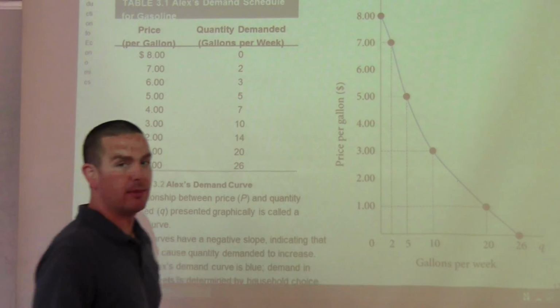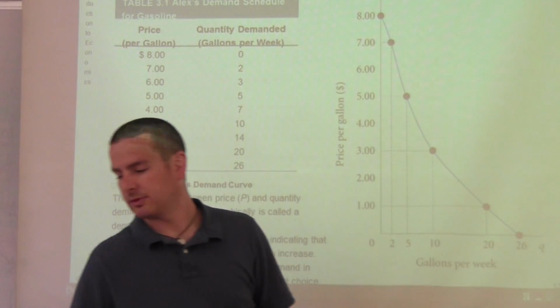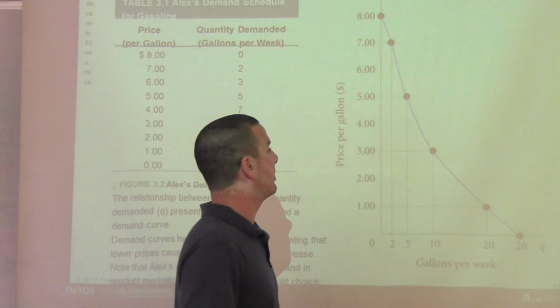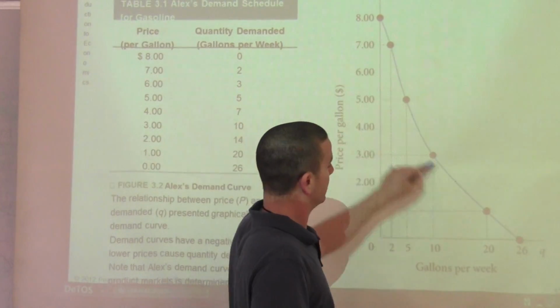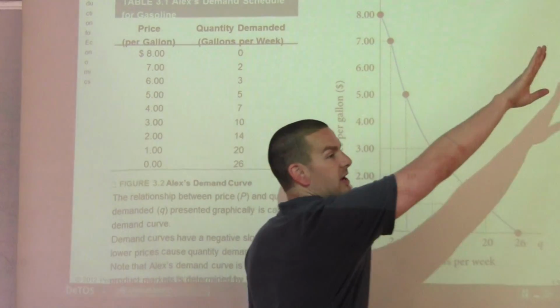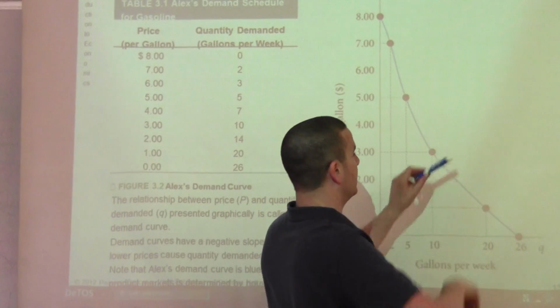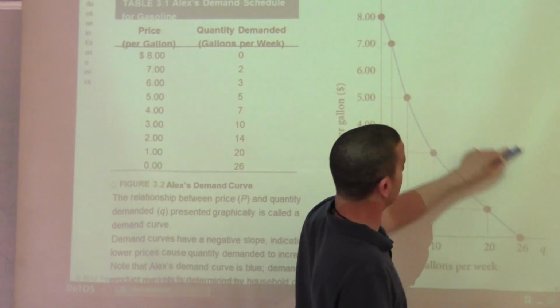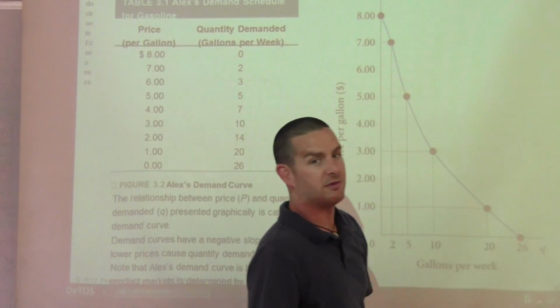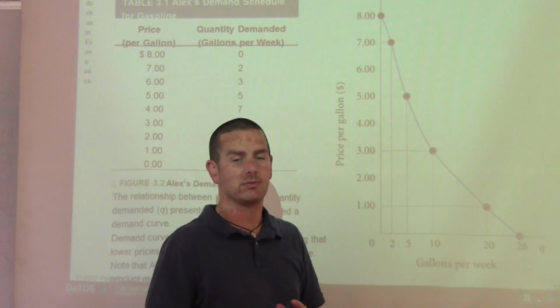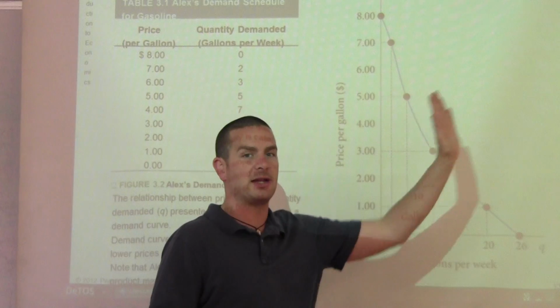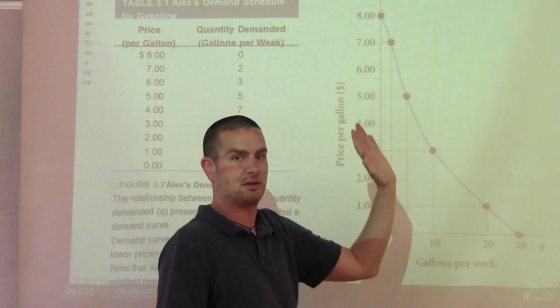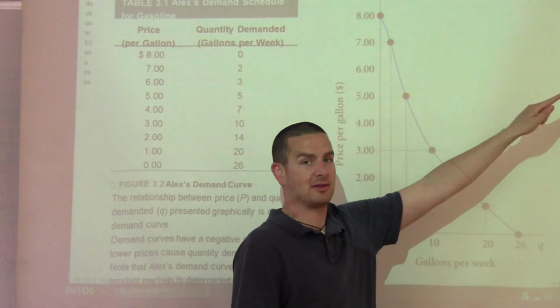If your income goes up, this curve shifts to the right or to the northeast, so that you would have a new curve here. If your income goes up, then the whole demand curve shifts to the right.